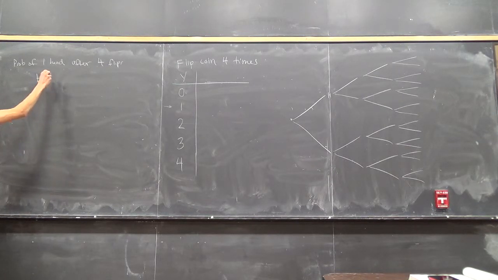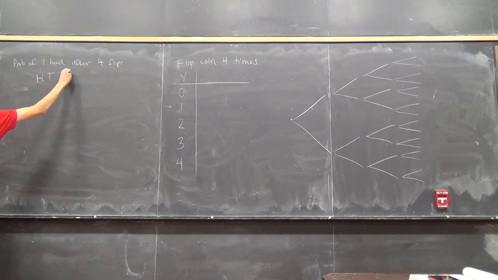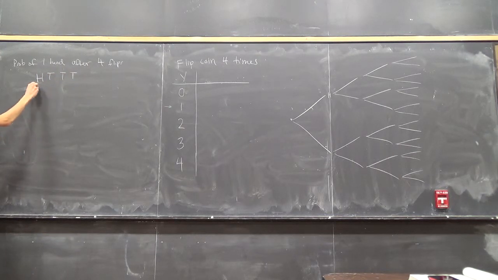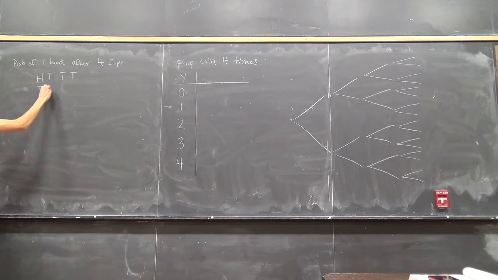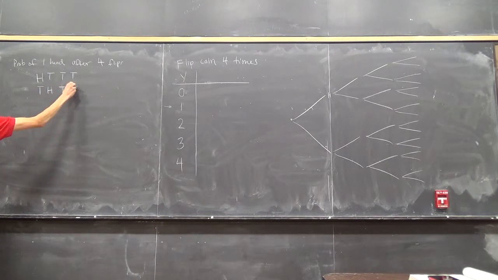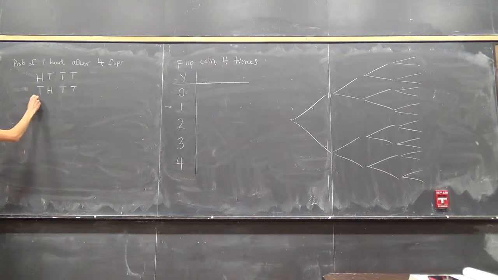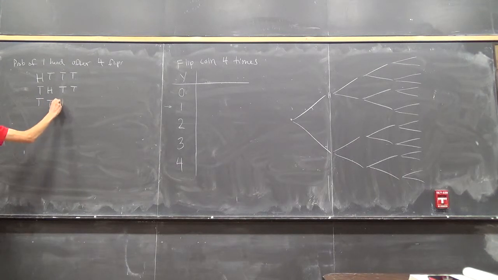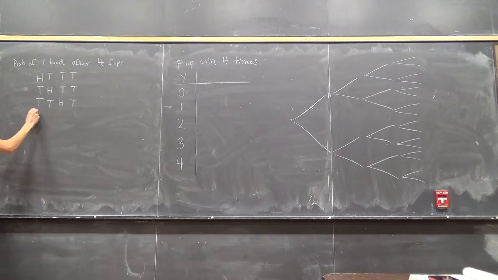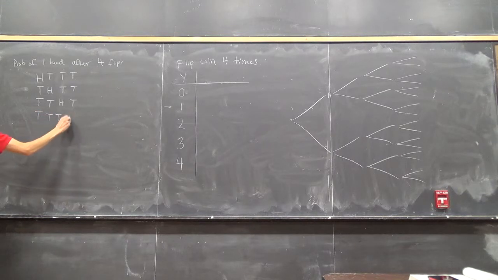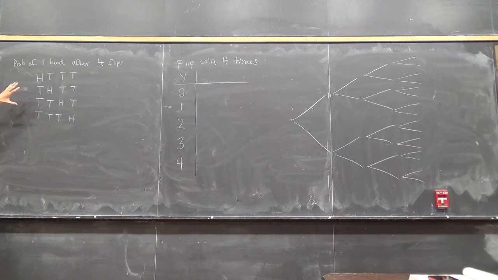I get heads on the first flip, and then I get tails, tails, tails. Or maybe the first one is tails, but then I get heads on the second flip, and the remaining ones are tails. Or I get tails on the first 2, but the third one is heads, and then I get tails, or I get that. So are we in agreement that these are the only possible ways for me to flip a coin 4 times and end up with 1 head?